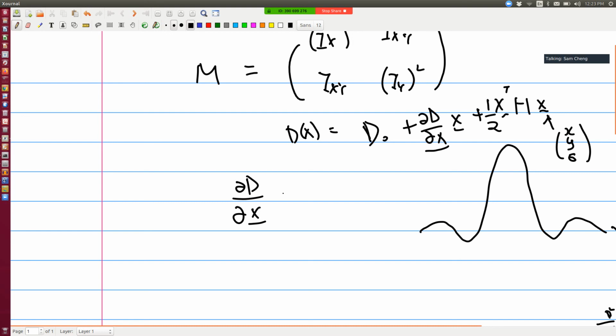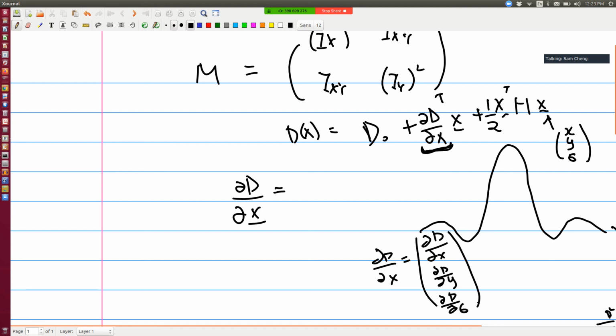Of course this constant is gone. I take the partial derivative of this term with respect to x. What do I get? Actually I better put a transpose here. If I think of this as a column vector, d del x is partial d partial x, partial d partial y, partial d partial sigma, something like that.